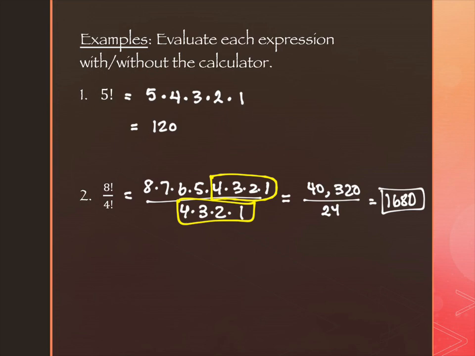And you learned somewhere in middle school, maybe the end of elementary, that there's the ability to cancel factors on the top and the bottom of fractions. These are just fractions with a bunch of multiplication. I can cancel them out. 4's cancel, 3's cancel, 2's cancel, 1's cancel. And I can do that because it's all multiplication.